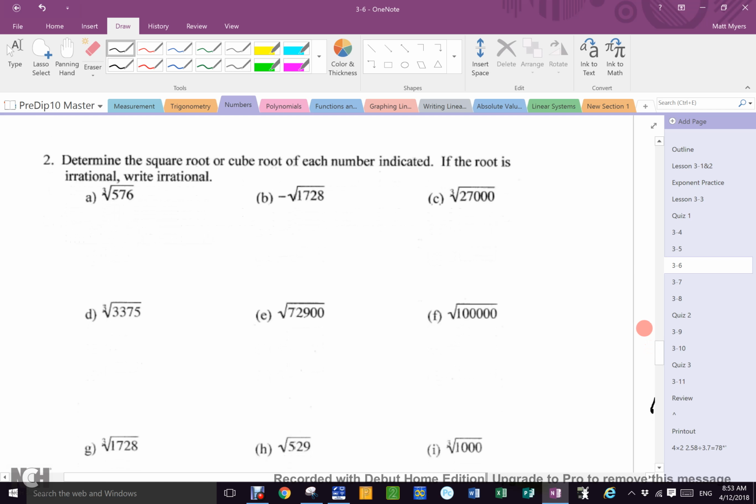On 119, I want you to see if you can figure out a way to estimate without using your calculator. See if you can figure it out. Follow the instructions, but if it's irrational, or you think it's irrational, find a way to estimate it. Okay? Find a way. Figure it out.